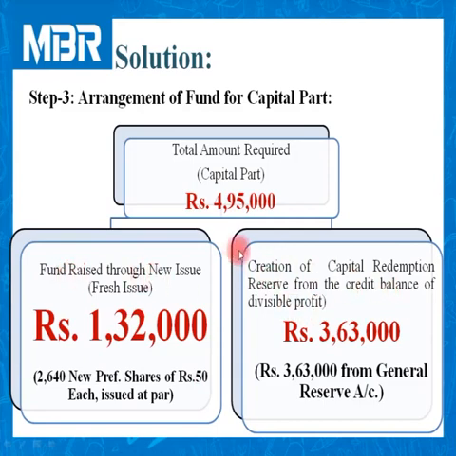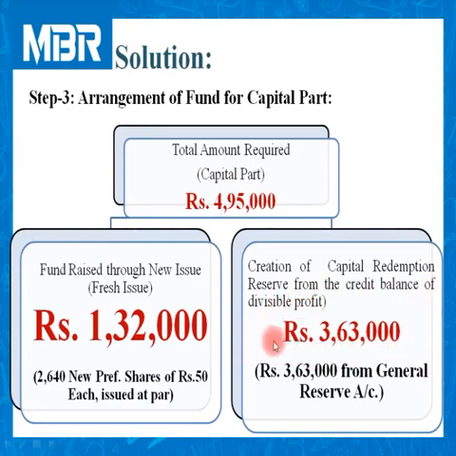So the amount transferred by the company to capital redemption reserve, that is CRR account, from divisible profit, is rupees 3,63,000. You can check on the screen.